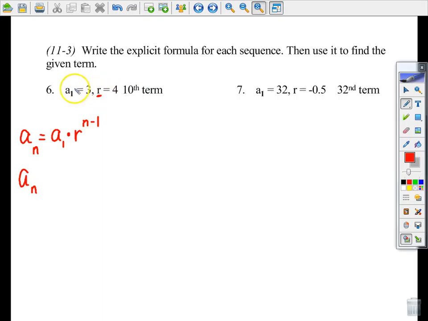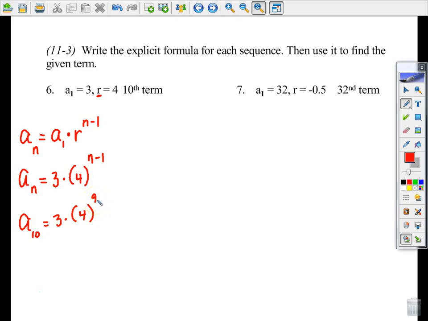I can find the nth term for number 6 by taking 3, multiplying by 4, and 4 then will be raised to the n minus 1 power. Okay, that's the explicit formula. And now use that formula to find, in this case, the 10th term. So now I'm going to let n become 10, and 3 times 4 to the 10 minus 1, which makes 9.